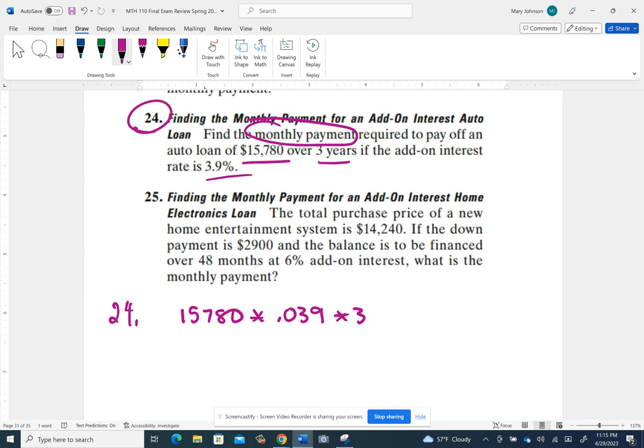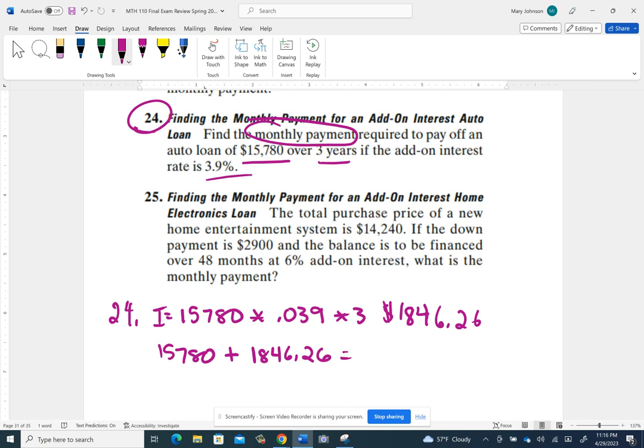So let's get the interest on that loan. The interest they would owe is $1,846.26. So if this was the loan amount, we need to add that interest to it to see the total to be repaid.